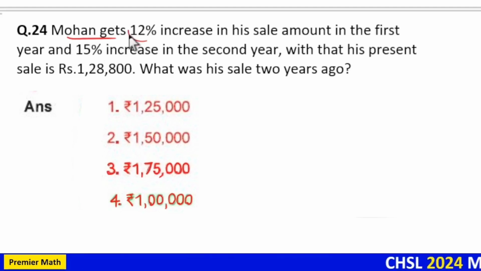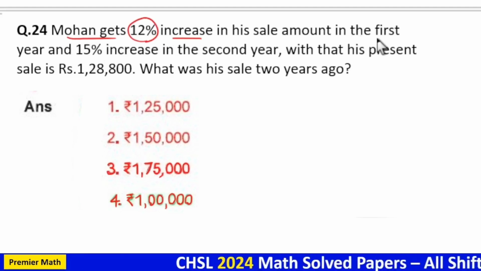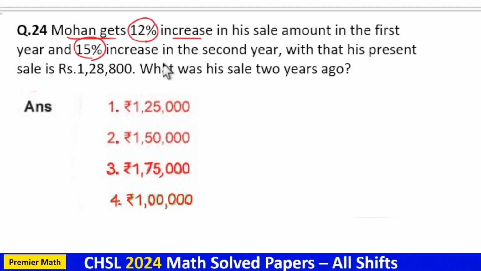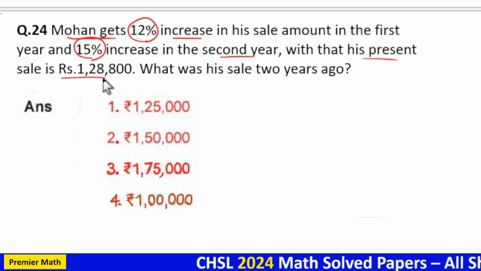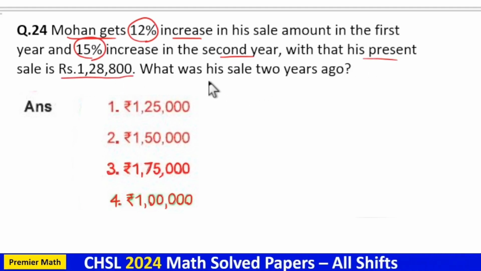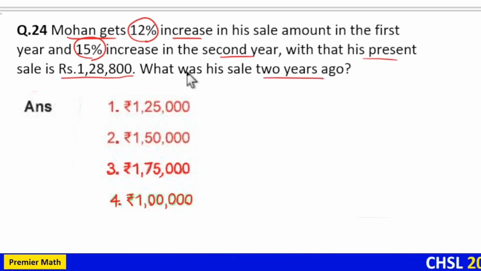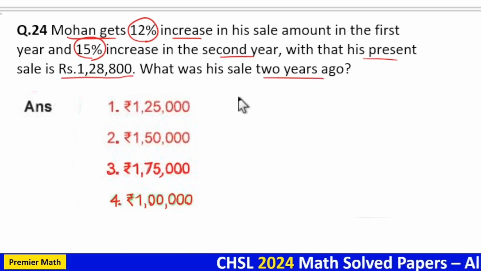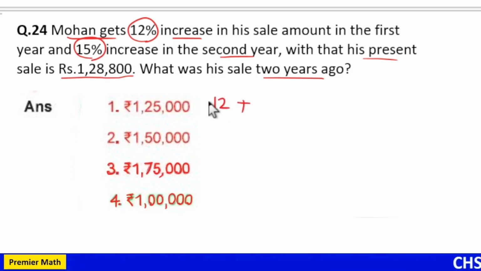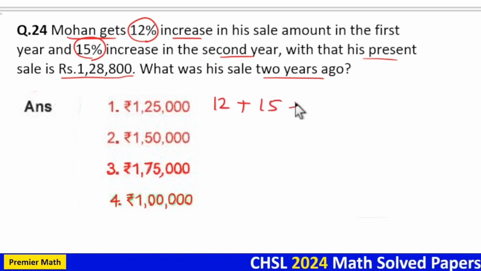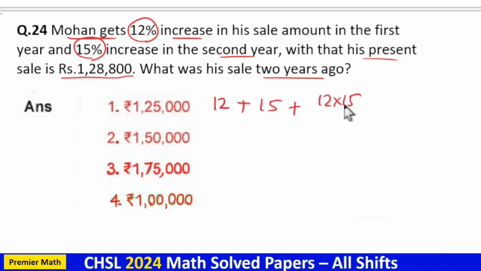Mohan gets a 12% increase in his sale amount in the first year and a 15% increase in the second year. With that, his present sale is rupees 1,28,800. What was his sale 2 years ago? Here we can use the successive increment formula. In the first year it is 12%, in the second year it is 15%, plus 12 into 15 divided by 100.